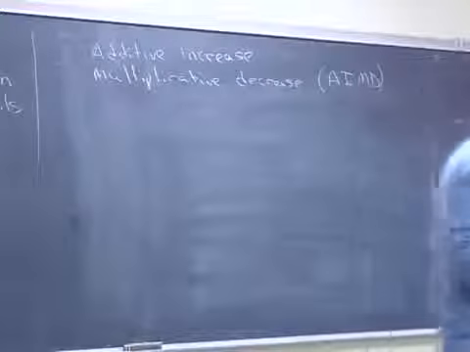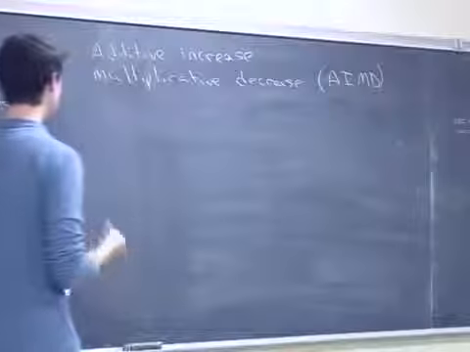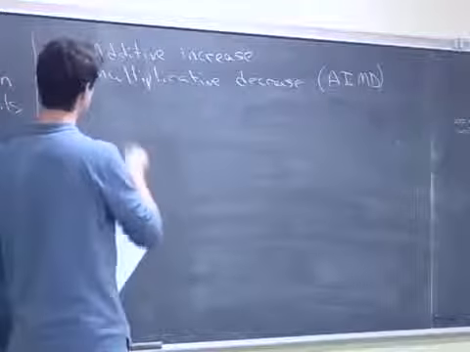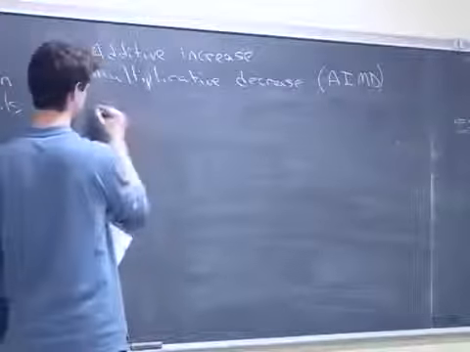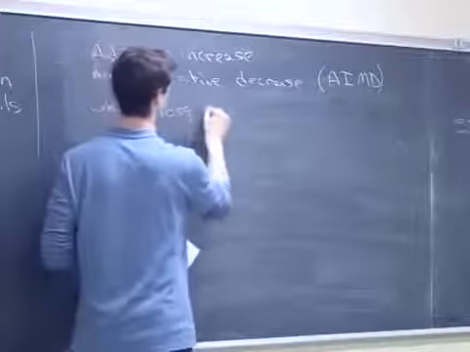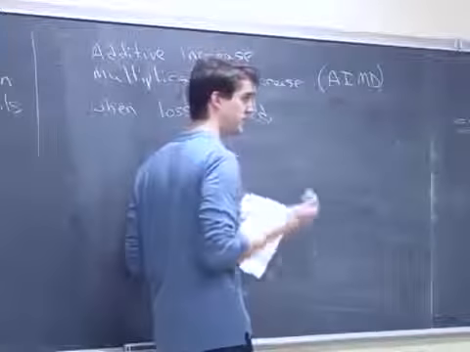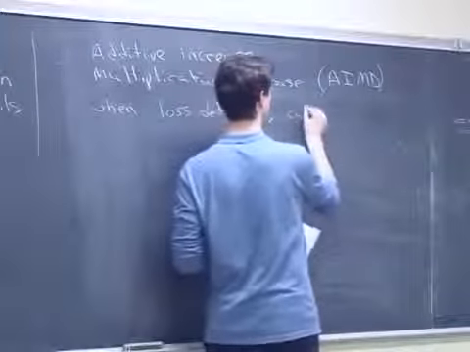All right, so if that helps you remember it, then use that acronym. And so what TCP does is when it detects a loss, we cut the window size in half.